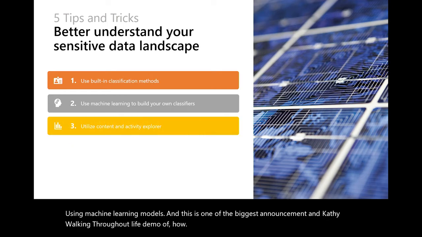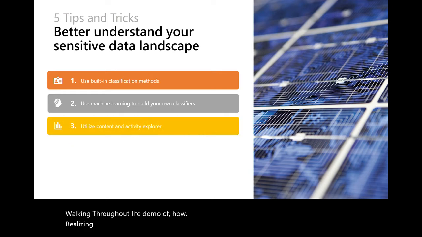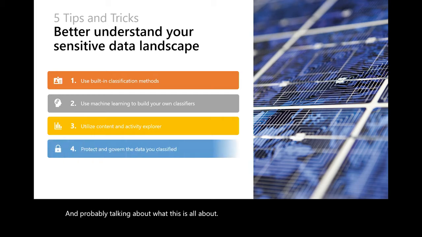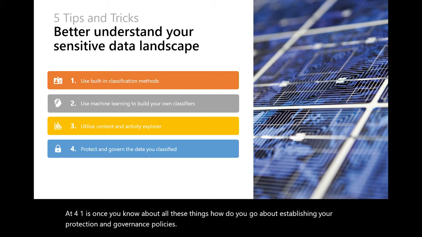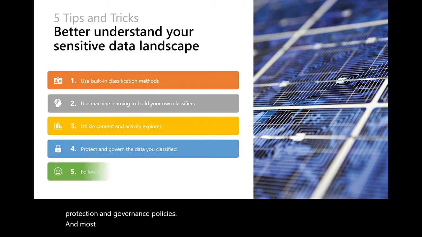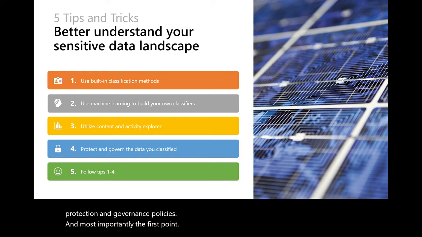The third one is utilizing the content and activity explorer. This is one of our big announcements as a part of this Ignite, and I'll probably have a live demo as well, talking about what this content and activity explorer is all about. The fourth one is, once you know about all these things, how do you go about establishing your protection and governance policies? And most importantly, the fifth point is to ensure that you do 1 through 4.